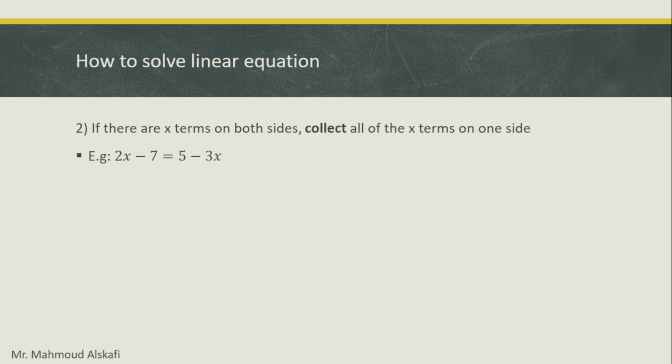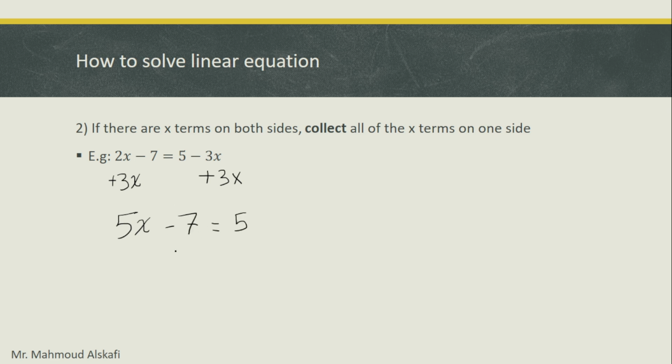In this case, we add 3x to both sides. That gives me 2x plus 3x, which equals 5x, minus 7 equals 5.